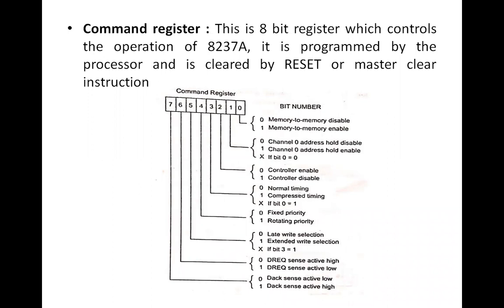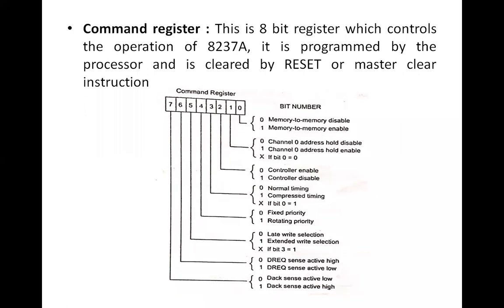Now, the bit pattern of the command register has been shown here. This bit pattern is known as the command word. The bit pattern which is written in the command register is known as the command word. This is an 8-bit register, and the content of this register is going to control the operation of the 8237, that is, the DMA controller.